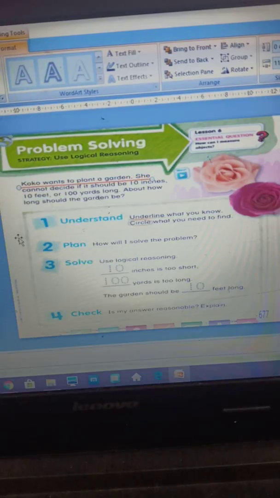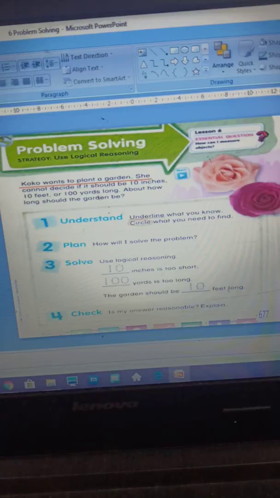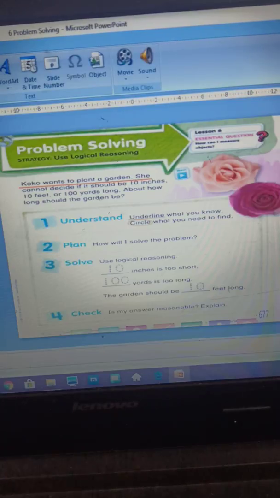Now, let's continue. Coco cannot decide if it will be what? If it is 10 inches, or 10 feet, or 100 yards.